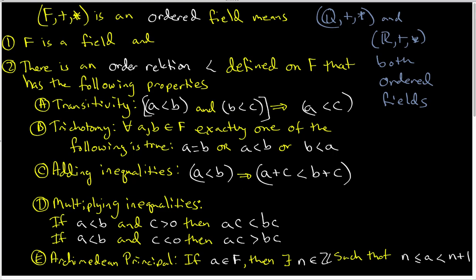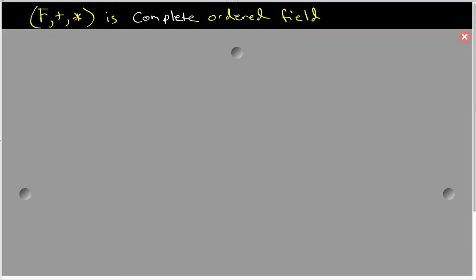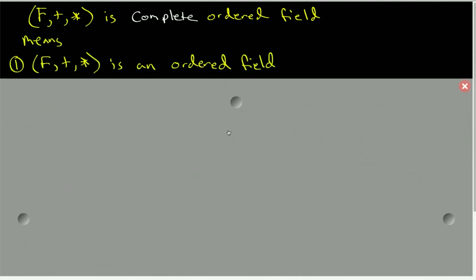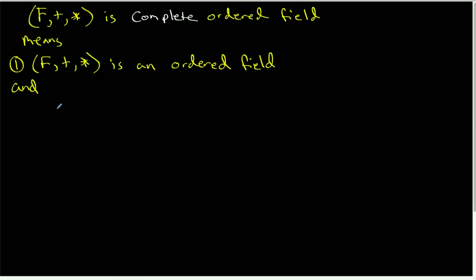So the final thing I want to look at is, what does it mean for something to be a complete ordered field? Well, obviously, the first thing that we're going to want is for F under its addition and multiplication to be an ordered field. And then we also need some kind of a second property. It's going to say the following thing.